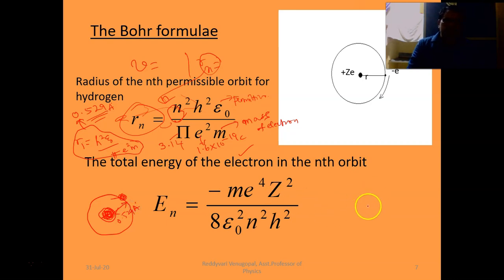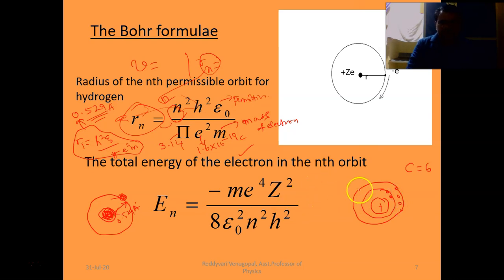Suppose we take some other atom, let us take the carbon atom. The atomic number of carbon is 6, so 6 electrons will be revolving around the nucleus. In the first orbit only 2 electrons will be there, and in the second orbit 4 electrons will be there.